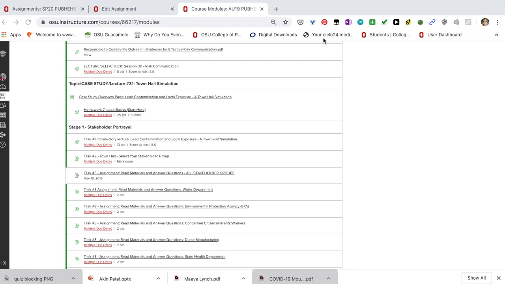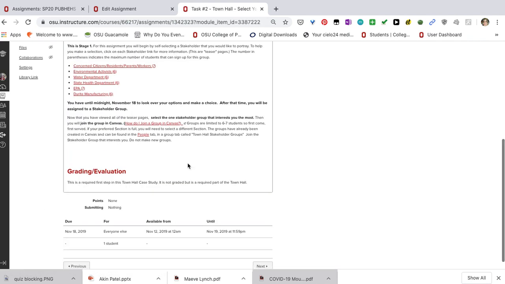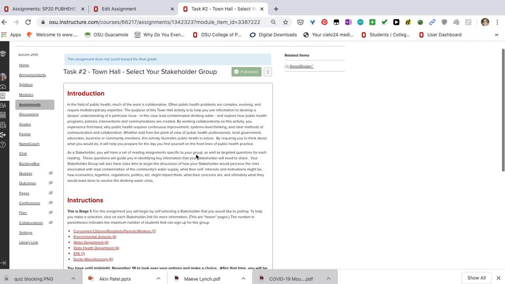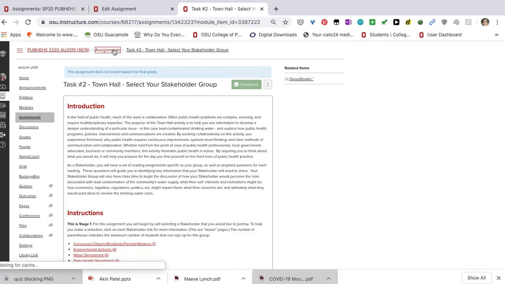The other thing that was supposed to happen that didn't happen: again, we're looking at last year's course. Students knew that there was an assignment due the 18th and that they would have to read materials and answer the questions related to their stakeholder group. They had to choose a stakeholder by the 18th. Let's go back.